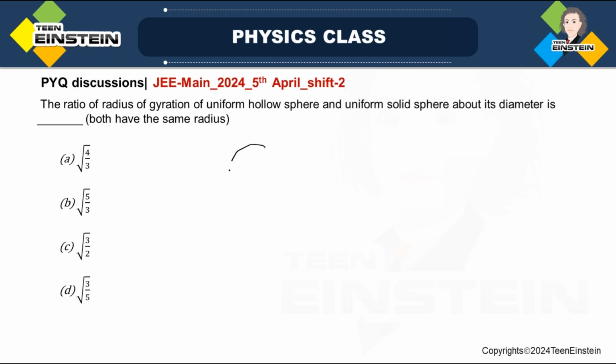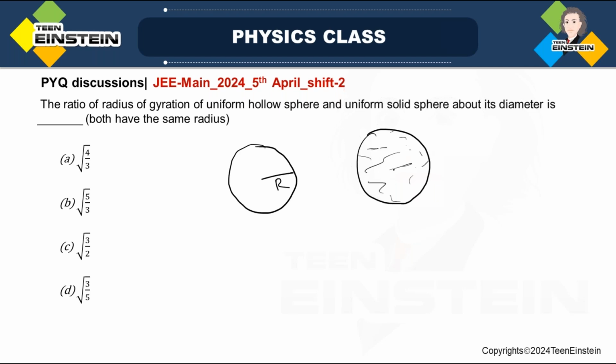That means suppose I have a hollow sphere having same radius, let us take that as capital R, and I have a solid sphere, this also has radius R. So let us say hollow sphere HS and solid sphere SS.